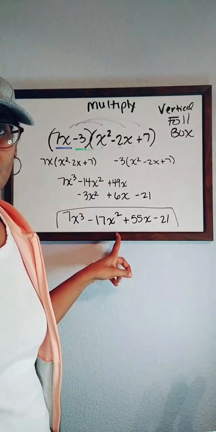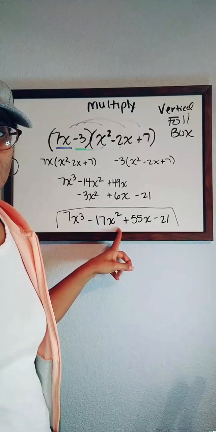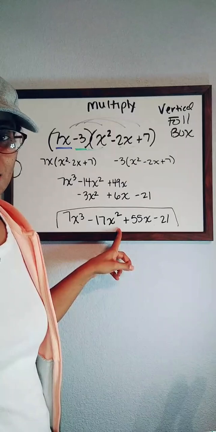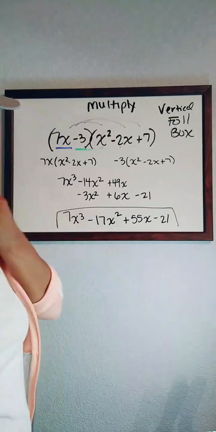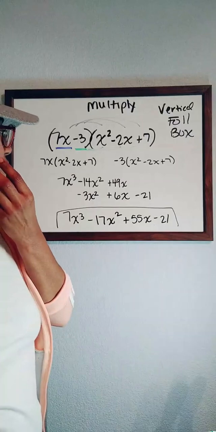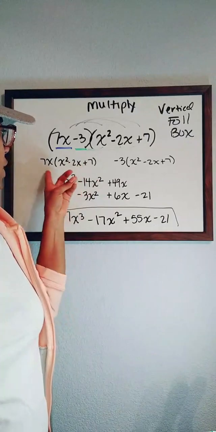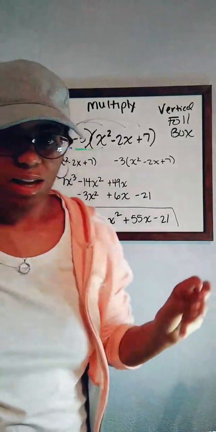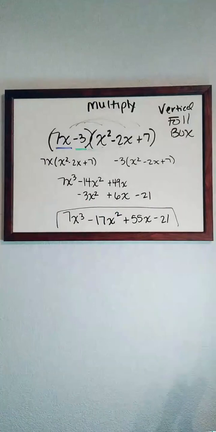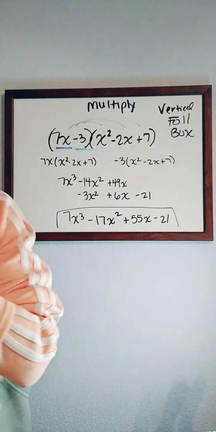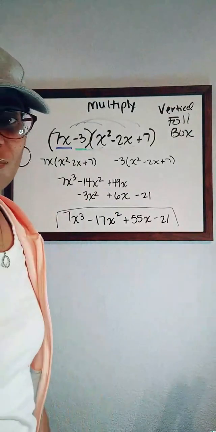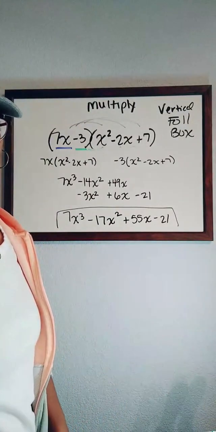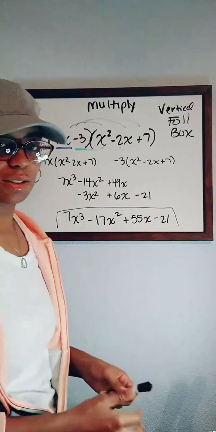Instead of doing 7 times 7. Okay, I got you. So you didn't do the 7 times 7 and get. Oh, you put 14 instead of 49. Okay. So you good? Good.